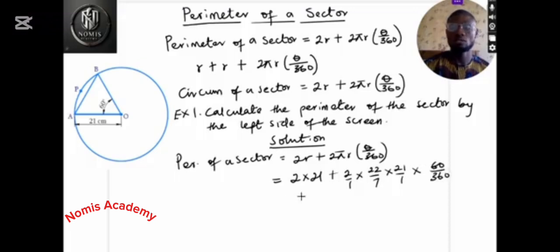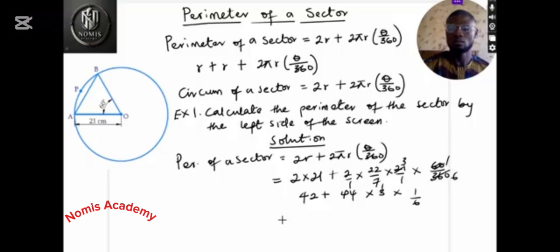So this gives us 42 plus 2 times 22 is 44. I can say 7 here 1, 7 here 3, so I will just multiply that by 3, then multiply by 60 here 1, 60 here 6, so 1 over 6.